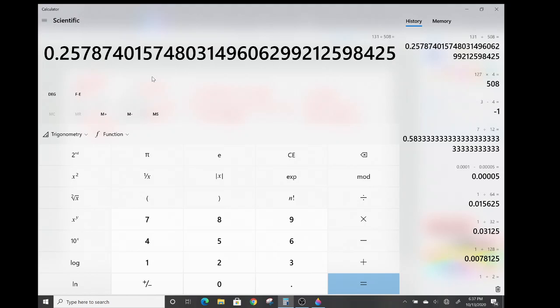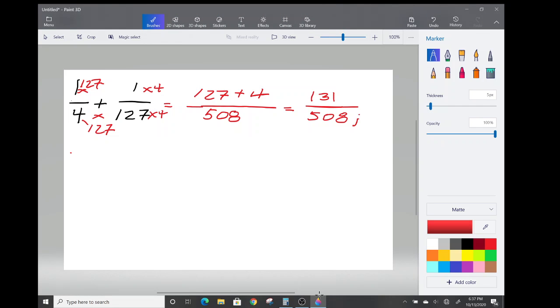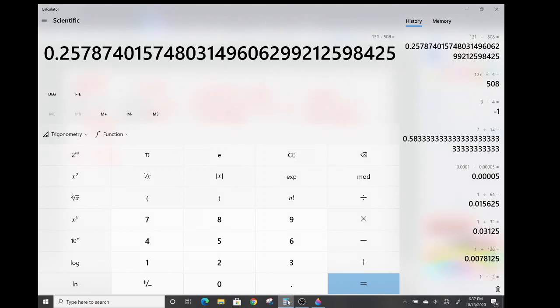So we'll go back over here. And that's 0.25787. I love it.